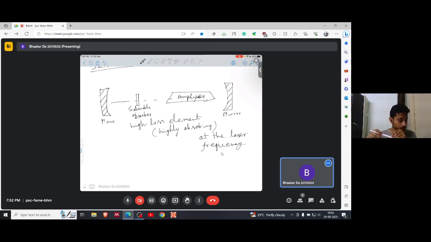Now at some point this absorber will be saturated and it will not absorb anything, and it will become a transparent type of thing.